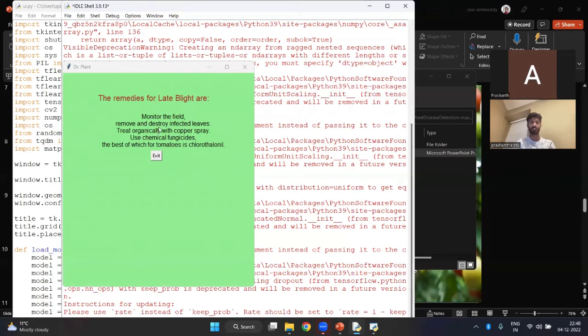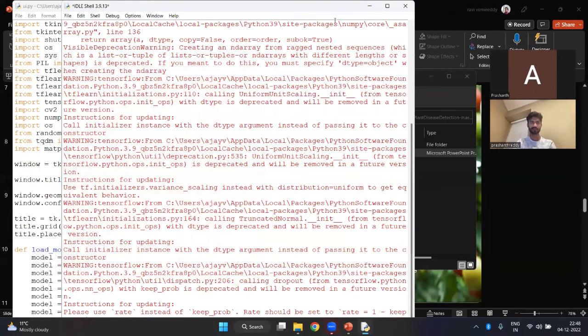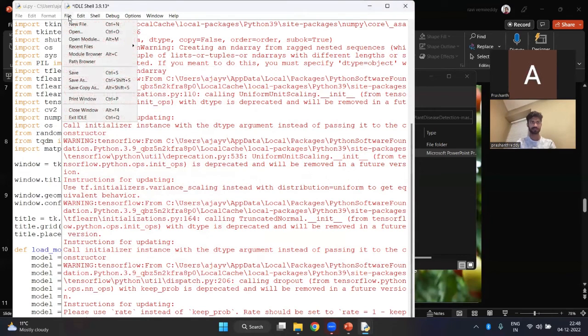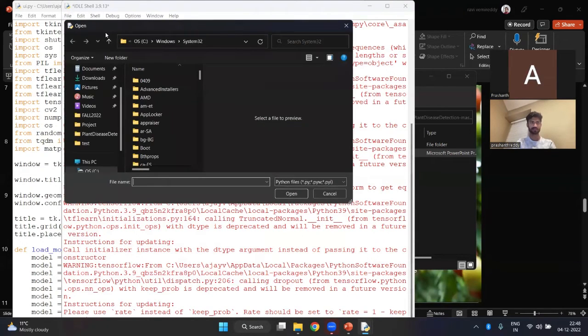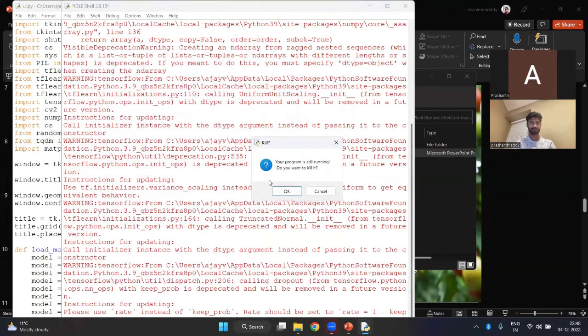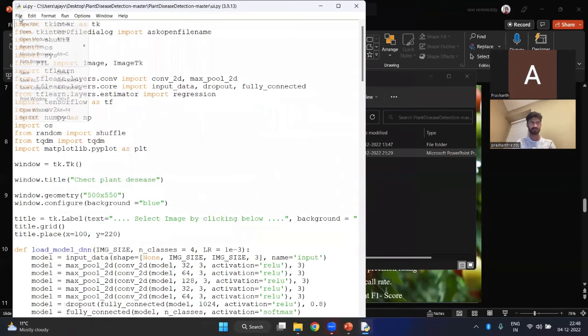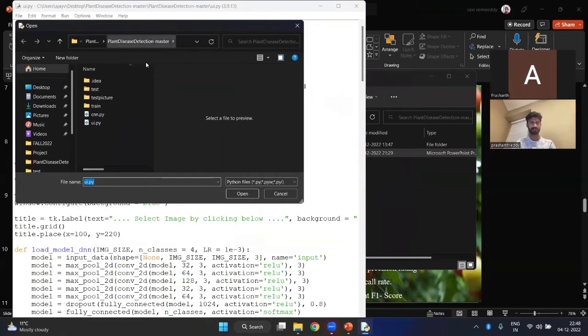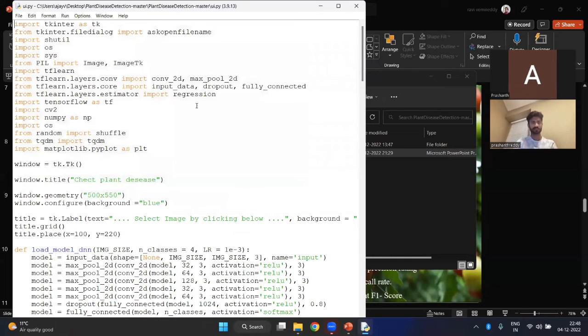We can even modify this in programming if you want. And let me run it for an unhealthy leaf. Sorry, I accidentally closed that one.